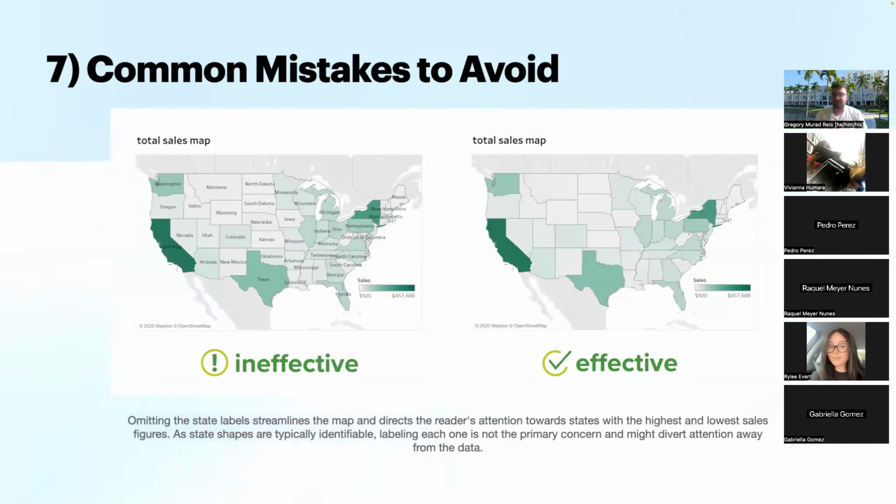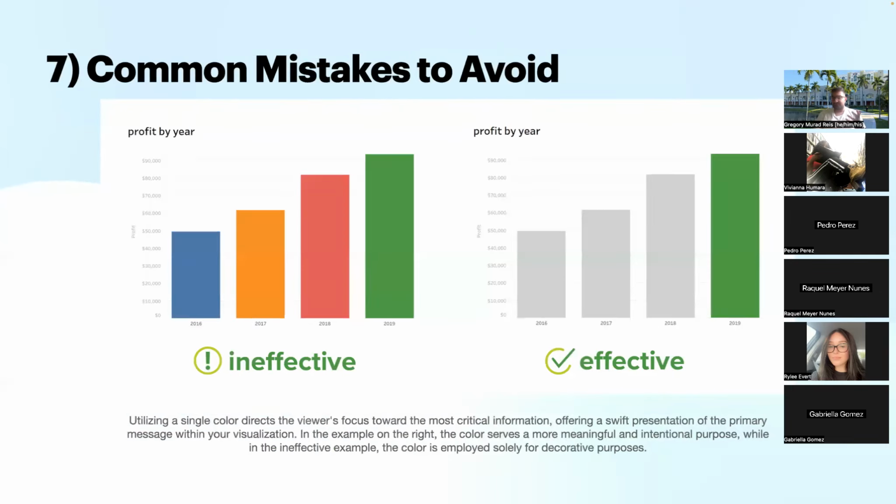The message I'm trying to convey here is which states had the highest total sales number. And it's kind of useless at this moment to name them. It's deviating the audience from the real color shade that is used to represent the total sales. So you don't need those.